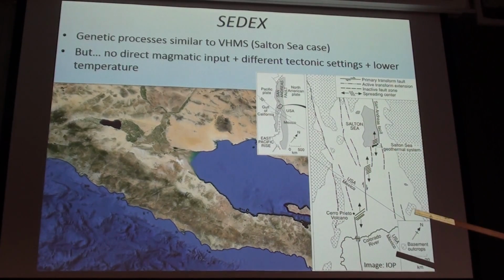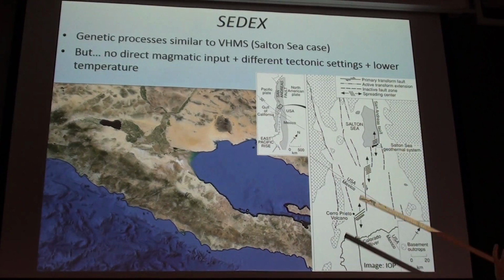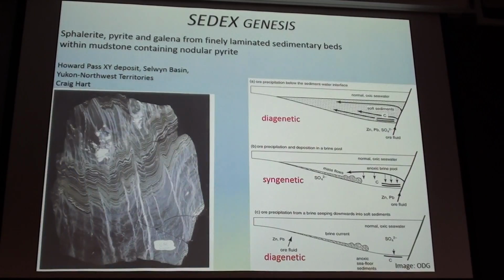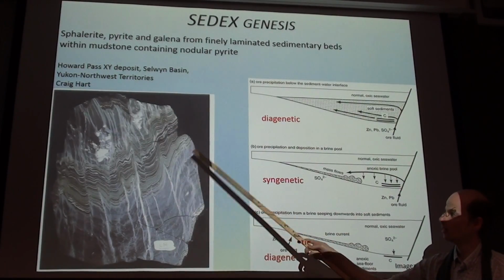So water from the Salton Sea started to percolate through fractures and cracks in the crust, and started being heated up. So we basically started forming this scavenging of metals by solutions and precipitation at lower temperatures. And this is what SEDEX deposits often look like, very finely banded.